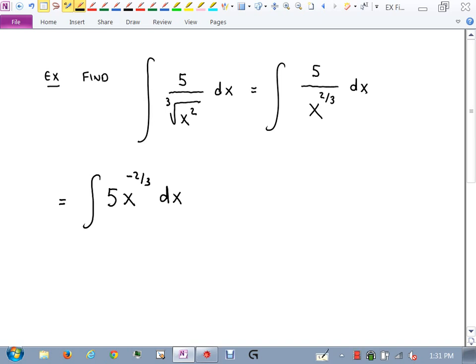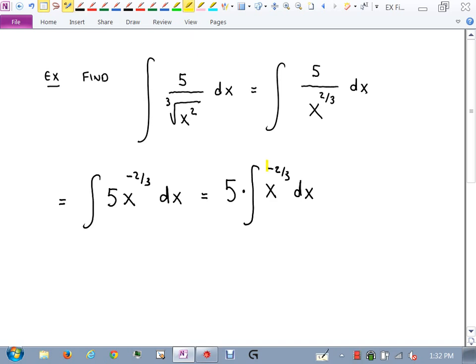Now this time I am going to take that 5 out because 5 is a constant. I will bring it out of the integral like that. It'll be multiplied in front. And then I will do x to the negative 2/3 dx. Negative, thank you. And then apply the rule.